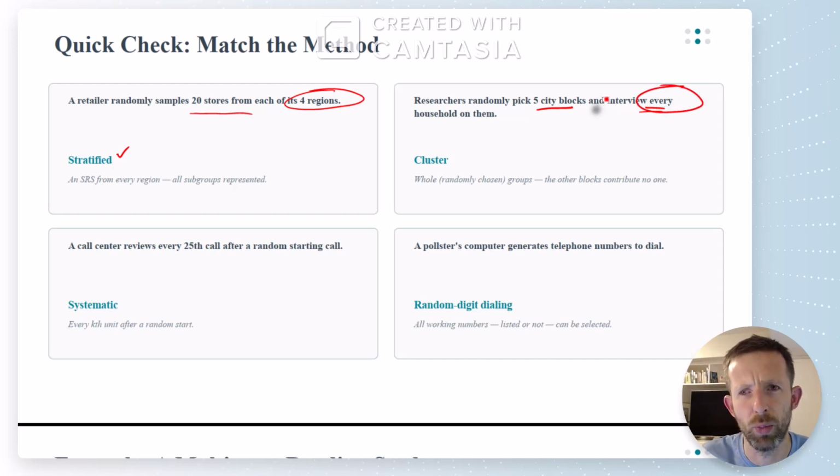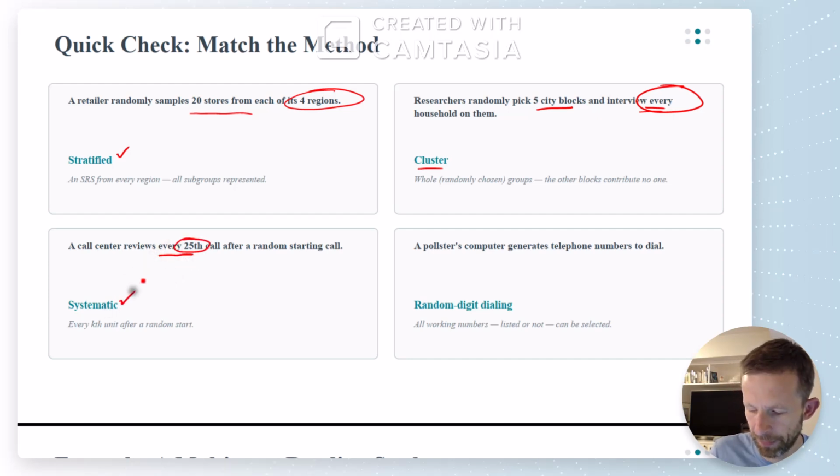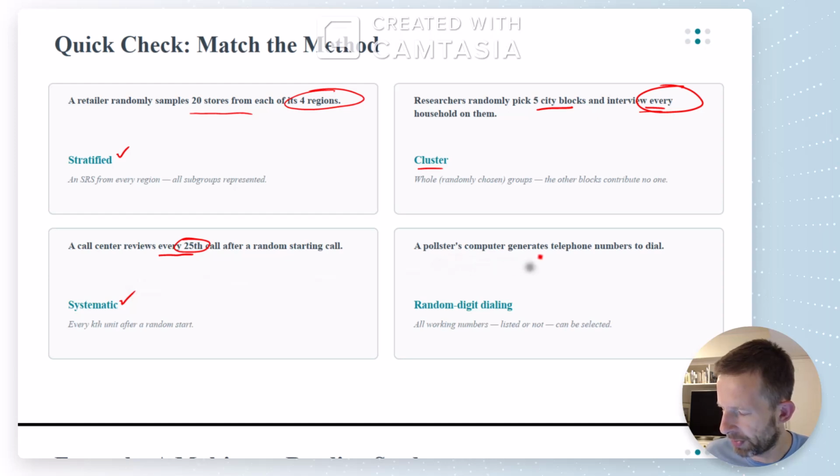When you interview every something from your group, that's often going to point you to a cluster. A call center reviews every 25th call after a random starting call. This idea of every nth person being selected is your classic systematic. A pollster computer generates random telephone numbers to dial: random digit dialing.